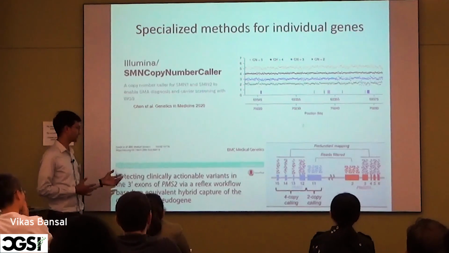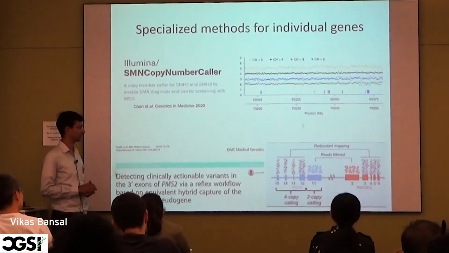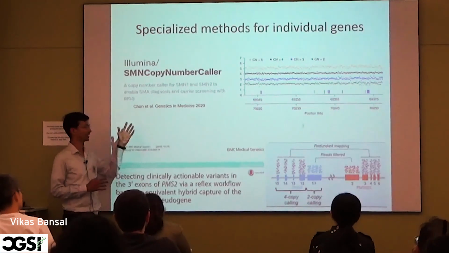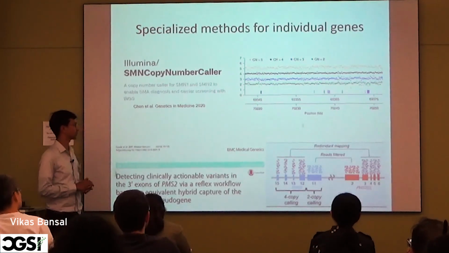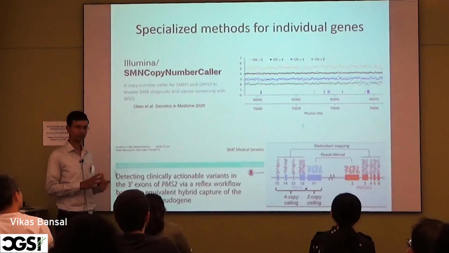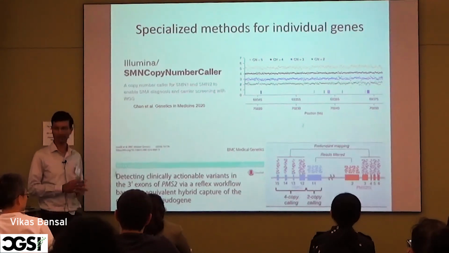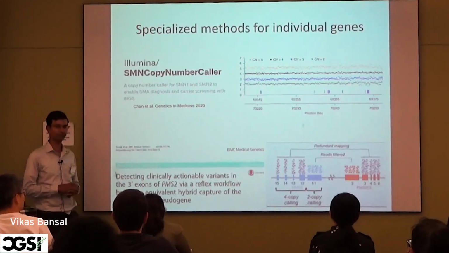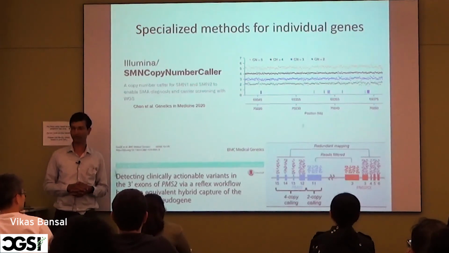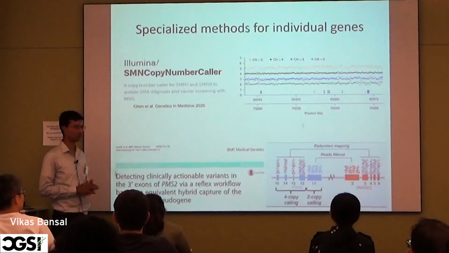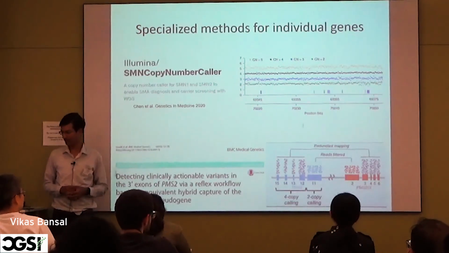So in this paper, the idea was that you could adopt the same approach as the SMN1/2 copy number caller paper, collapse the reads mapped to the duplicated region and do variant calling using the aggregated reads. Then, using long range PCR, one could identify whether the variants are located in the PMS2 or the pseudogene copy of PMS2.